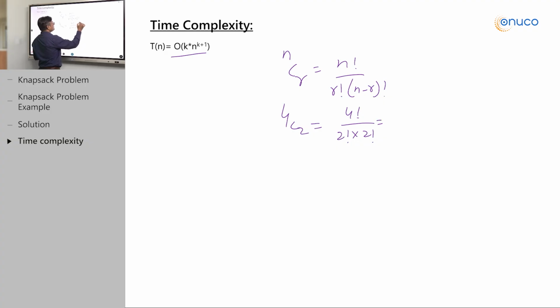That is nothing but 4 into 3 into 2 divided by 2 into 2, so the total is 6. When we select 2 items out of 4, we have 6 possibilities.